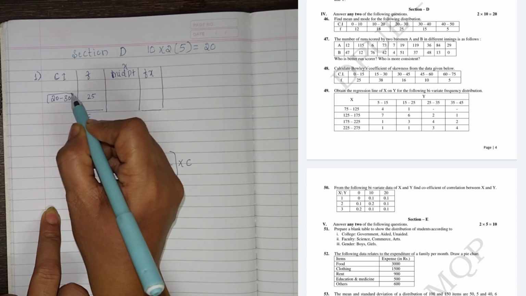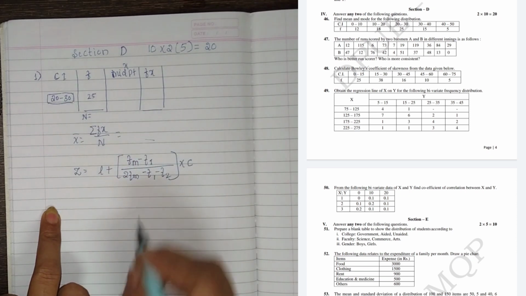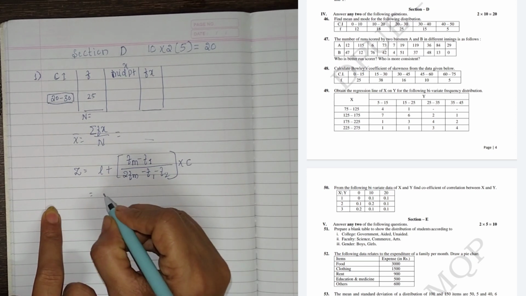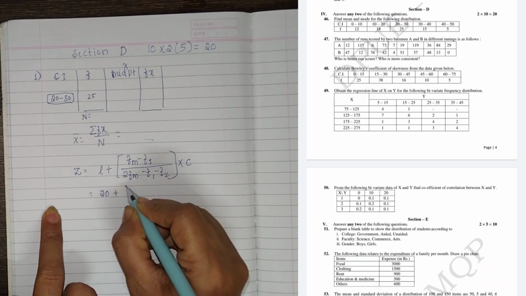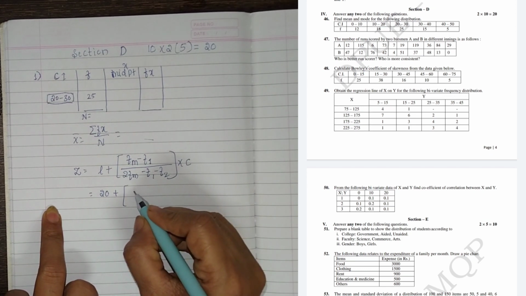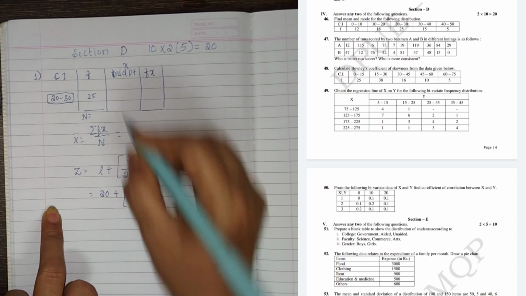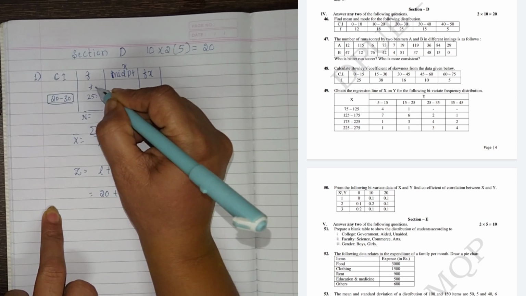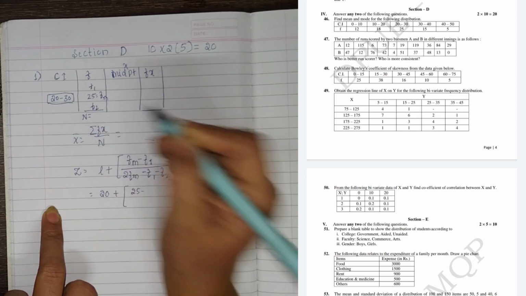You take the 20 to 30 class interval and substitute all the values in the formula: 20 plus, Fm is 25, the preceding frequency is F1 and the next one is F2.